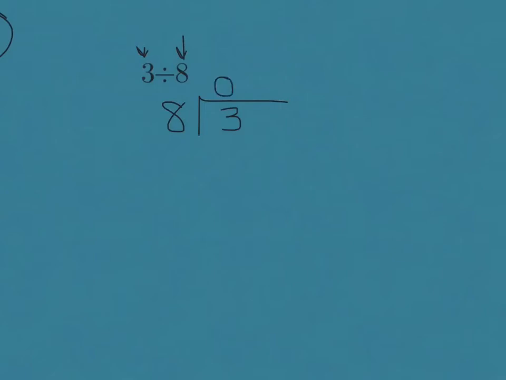You could subtract that 0 off if you wanted to. This is where, because I have no more digits, I'm going to add a decimal in my 0 so I can get that second digit in there, that next 0. I'm also going to add that decimal up above right away. Okay, and then now 8 goes into 30 3 times.